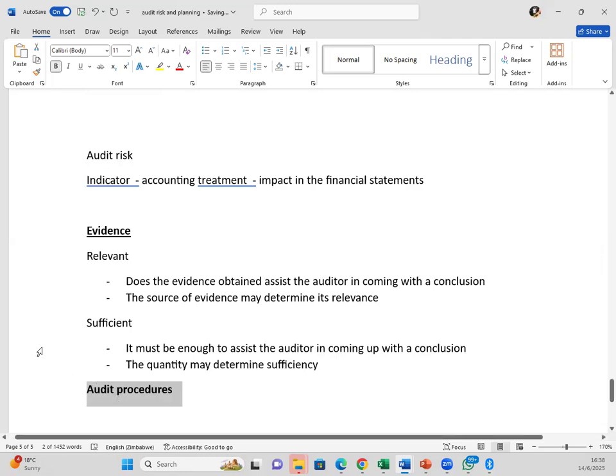This is where we are going to end today. The audit procedures are the ways that the auditor is going to use to gather relevant and sufficient evidence. How is the auditor going to gather the evidence? They make use of audit procedures.